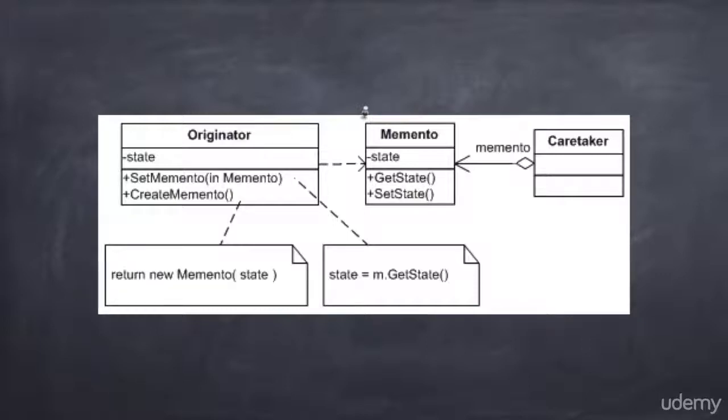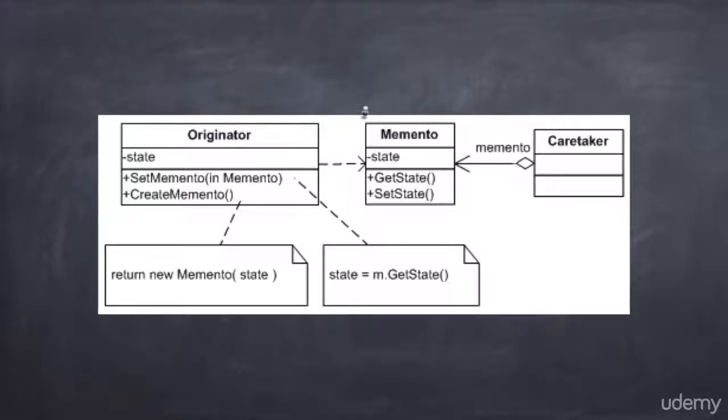The memento class also has a private state field, which contains a snapshot of the originator state at the time the memento was created. There are also two getState and setState methods. The originator uses these methods to initialize a new memento or read the state from an existing memento.